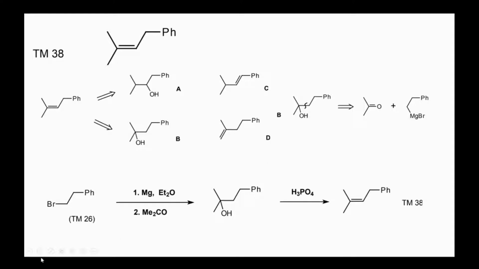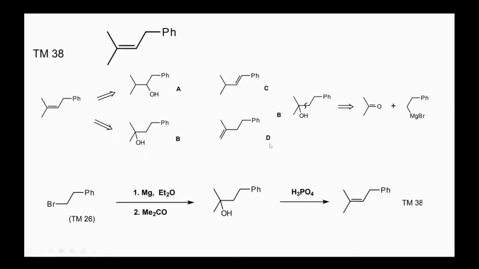You are generating the Grignard reagent first, and then you are reacting this with acetone, and then you are reacting that alcohol with H3PO4. That is the dehydrating agent. So you are doing elimination of alcohols here. You are generating the double bond. As you know, from alcohols we can prepare alkenes. So in this step we are doing dehydration of alcohols using a strong acid to generate alkene.